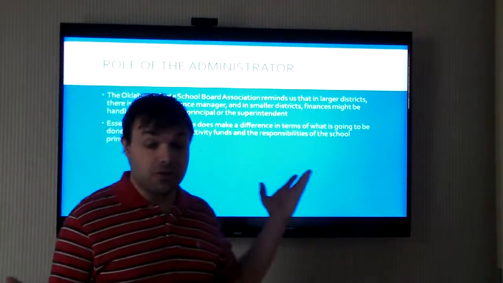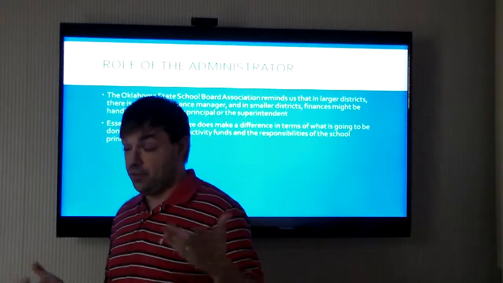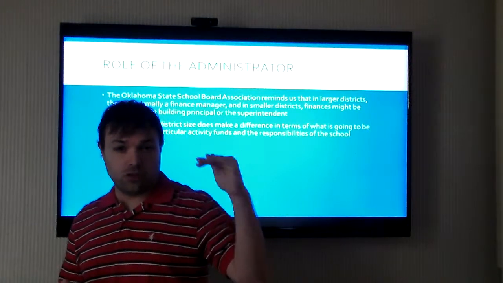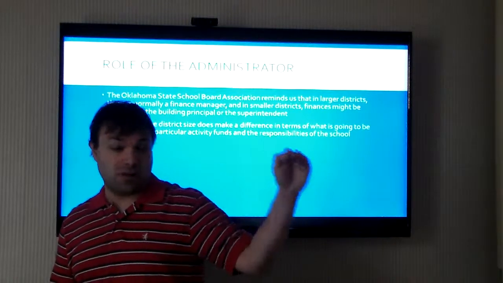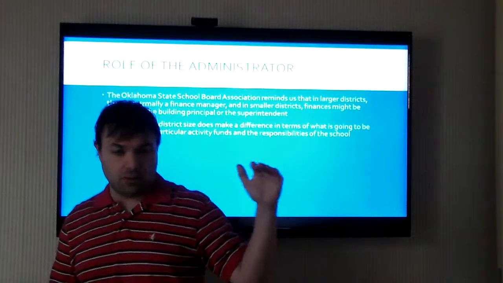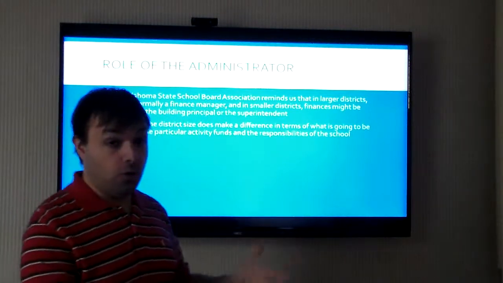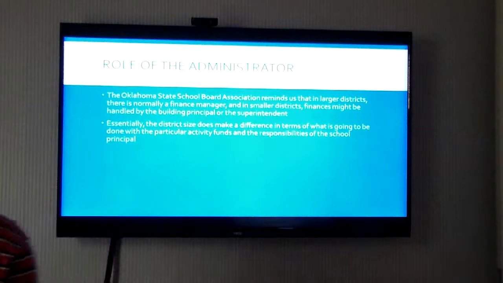District size matters. That makes a difference as to what you're going to do with this funding, because if the finance manager is the one that's in charge of it, they will have a direct connection with the school board, meaning you go as the building principal to the finance manager, everything gets done through that channel. But if the district doesn't have it, you might be the one as the building principal going to the school board directly, which in itself could create some challenges as well.